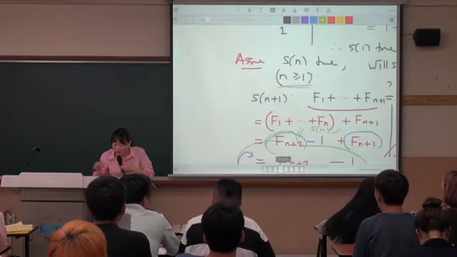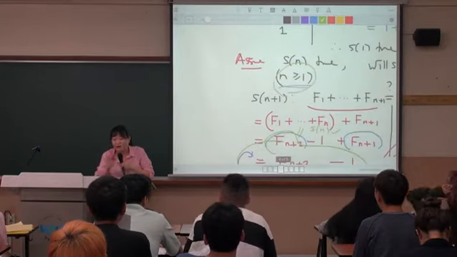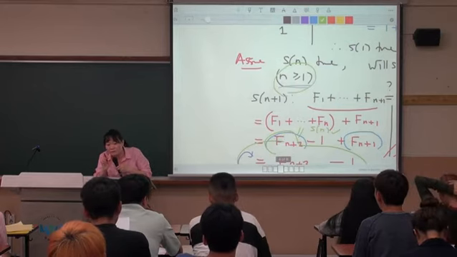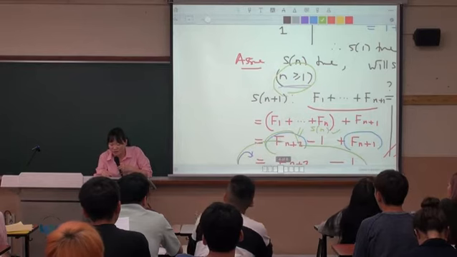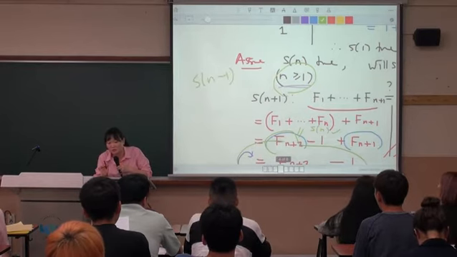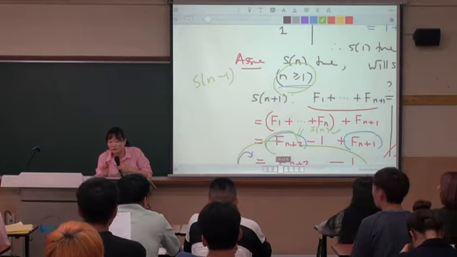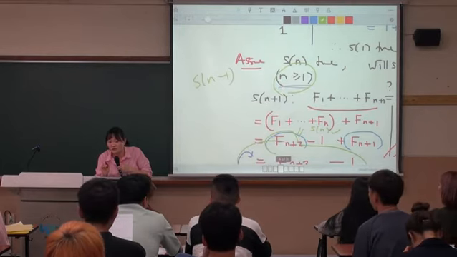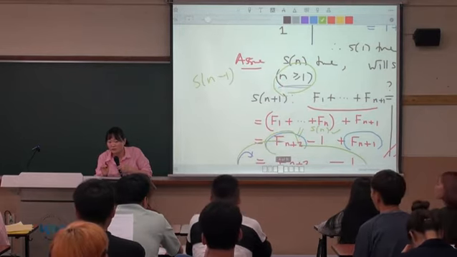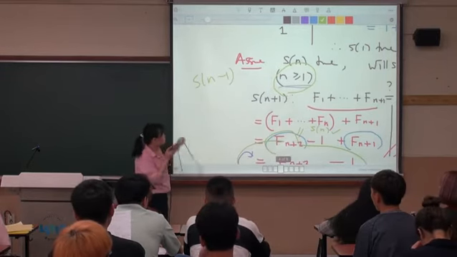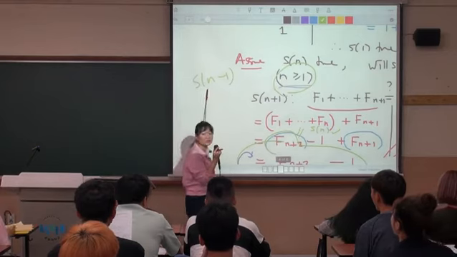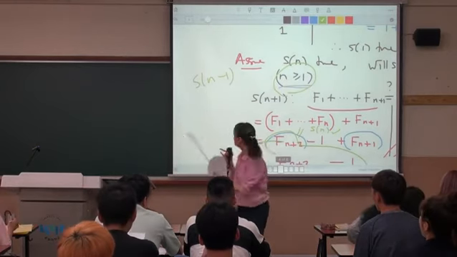So n bigger than or equal to 1 caused no problem. 그러니까 Sn-1을 사용할 게 없었죠. Sn만 사용해도 됐었죠. To prove Sn plus 1, we didn't use anything below n.